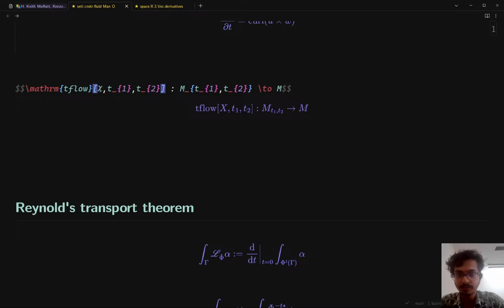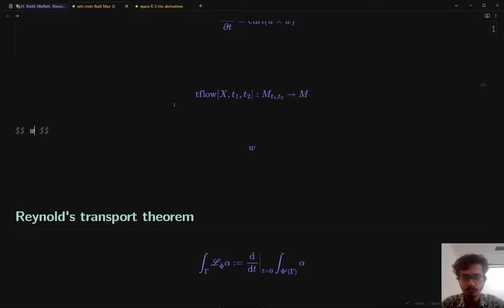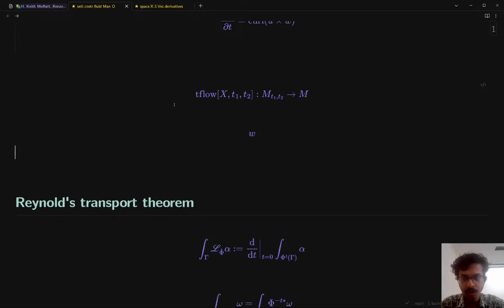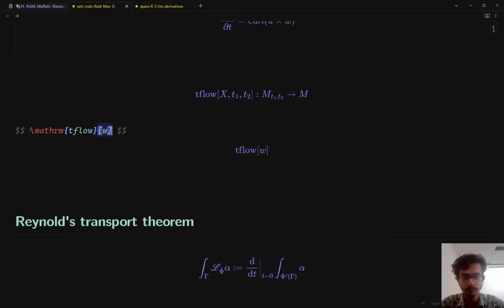If I have a time-dependent vector field x, then I have a time-dependent flow. That is fine. This is my notation, which I made up yesterday. Then what I need to show is I have a W, the vorticity vector field. I am taking the flow of that from time t equal to 0 to t.